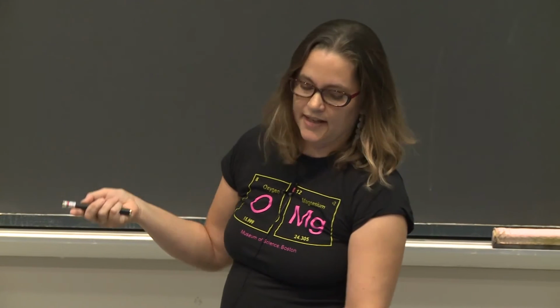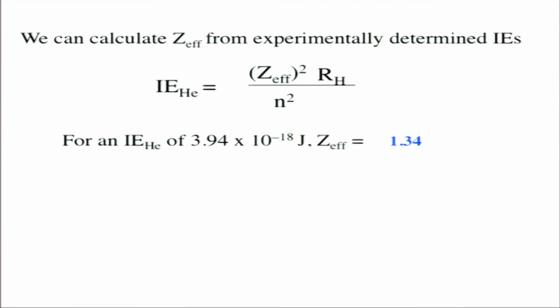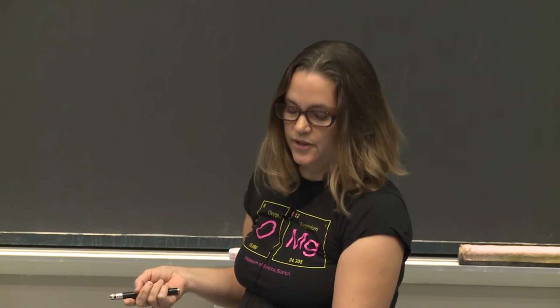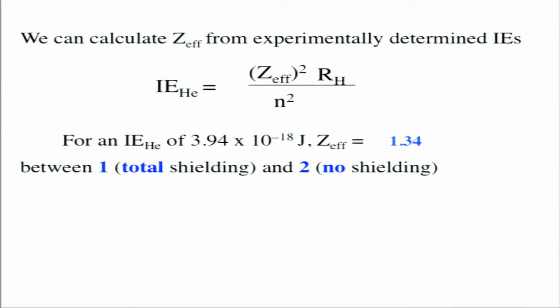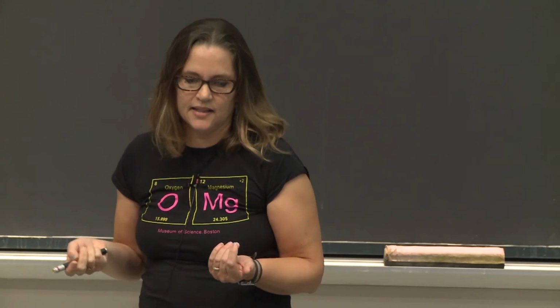And so in that case, the Z effective, if you plug the numbers in, would be 1.34. And so this number is, in fact, in between the two cases. With total shielding, you would have a Z effective of 1. And with no shielding, you'd have a Z effective of 2. And so in reality, we're somewhere in between in this case.